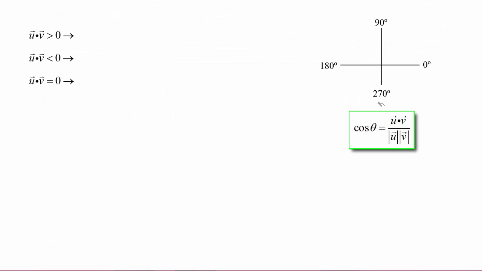When we're finding the angle between two vectors, we know that it could be acute, or it could be a right angle, or it could be obtuse. Now, if it's an acute angle, that means cosine theta had to be positive, because in quadrant 1, cosine is positive.